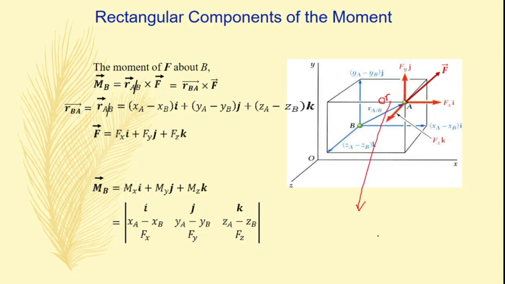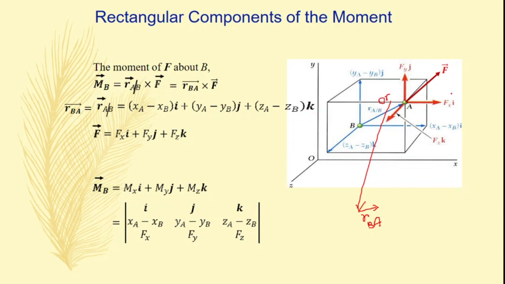We can write this thing as r cross F. If the coordinate for point B is xb, yb and zb, and for point A it is xa, ya and za, then we can write the position vector, because point A is the final point, as (xa minus xb) i plus (ya minus yb) j plus (za minus zb) k.